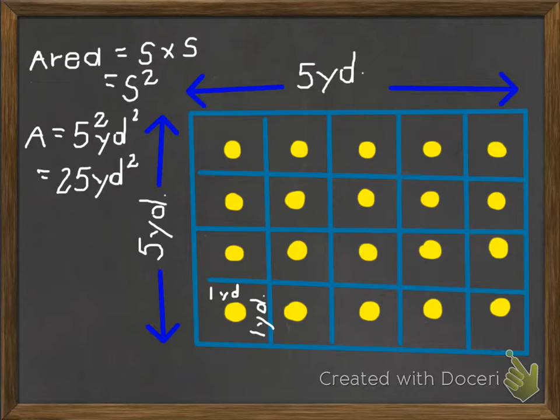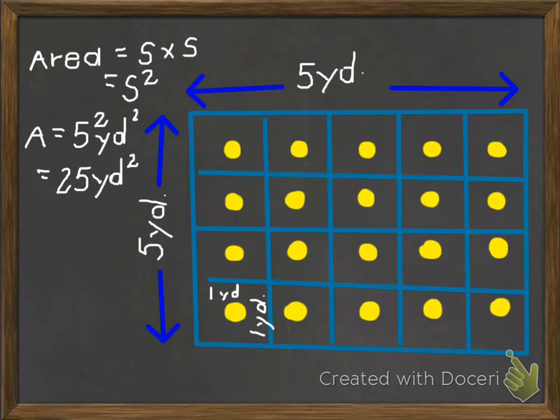So we can write 5 times 5 is 5 squared, yard squared, which is 25 square yards. So the area of this space inside the larger square is 25 square yards.